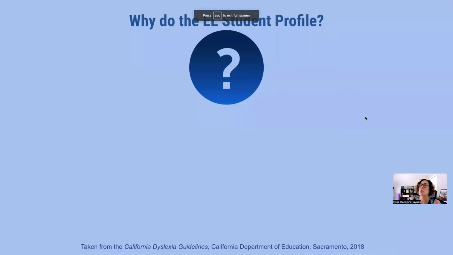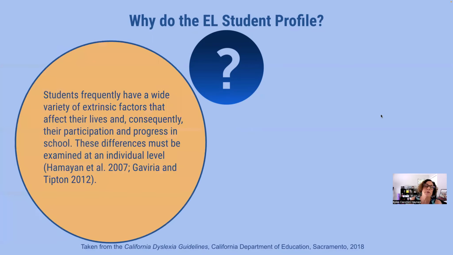All right. So why are we going to do the EL student profile? Or what's the purpose? This is actually taken from the California Dyslexia Guidelines. In those guidelines, they talk about ELs, and I think it's important, some of what they say and what the research shows.